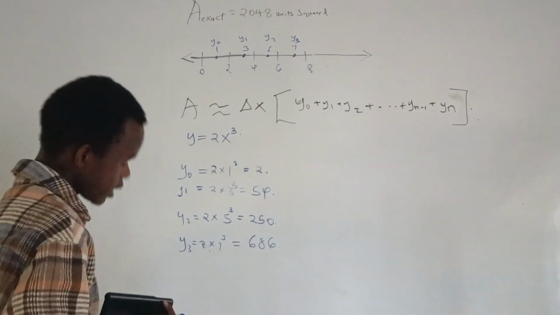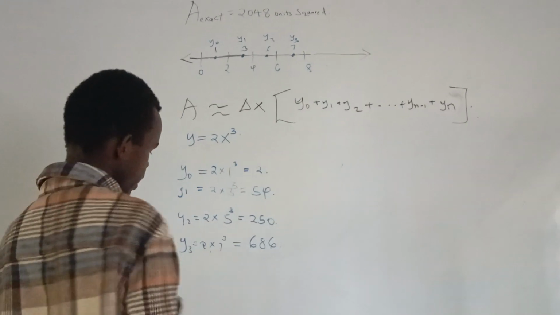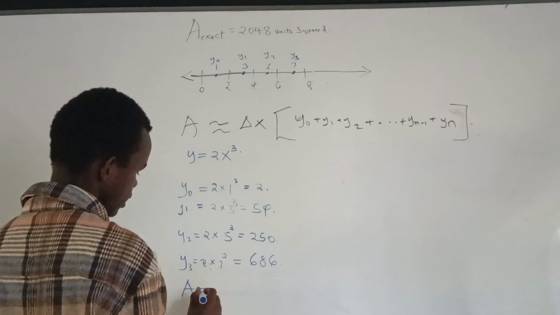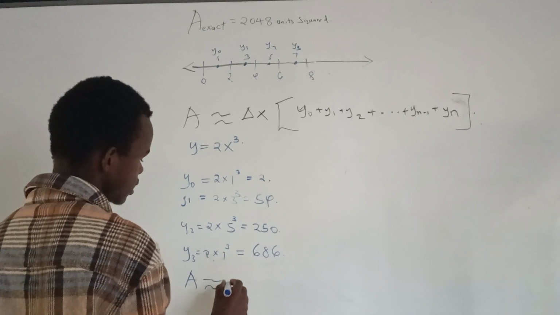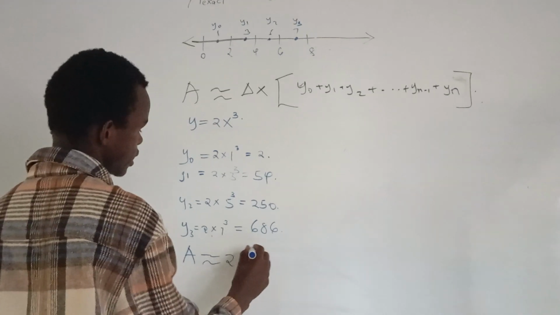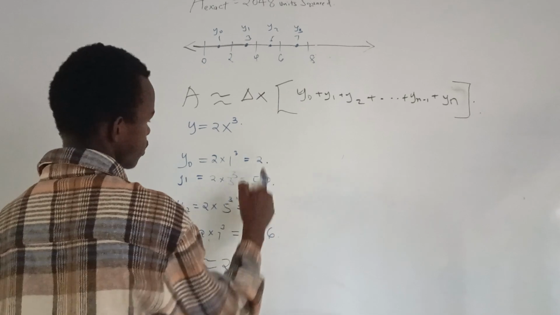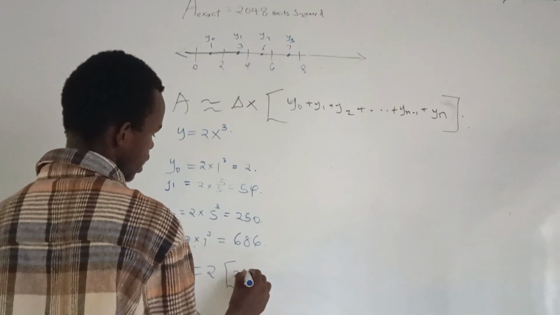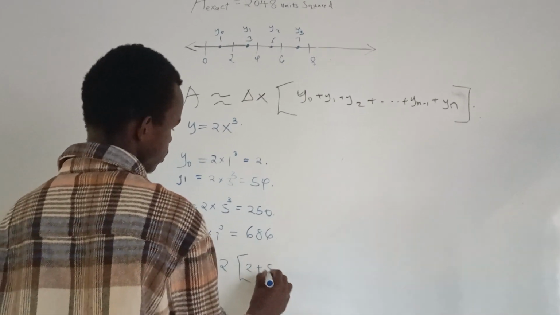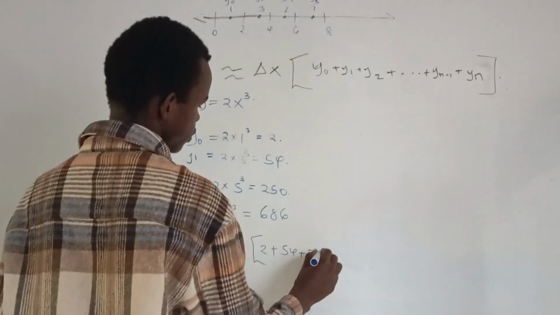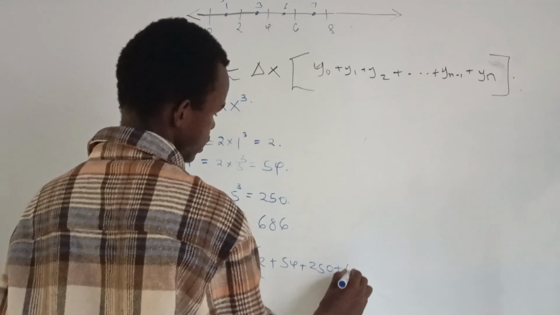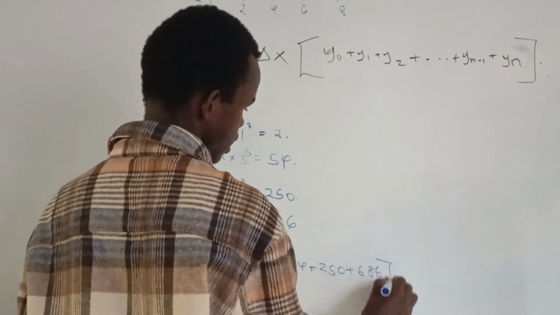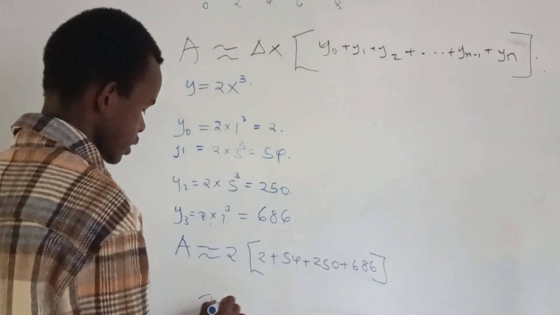Okay, so from there, let's just approximate our area. Using the midpoint rule, it's kind of easy. 2, that's our delta, into the value of y0, 2, plus 54 plus 250 plus 686. Quite easily done.